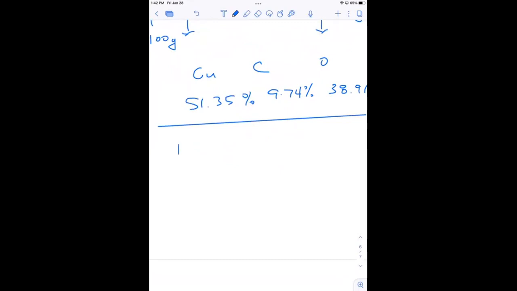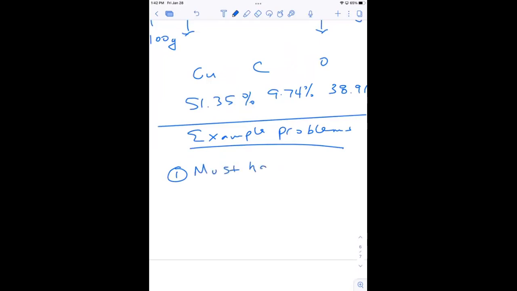First thing is we need to know the atomic masses. You have to have the atomic masses.